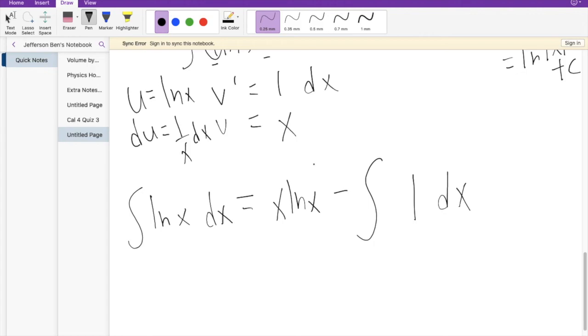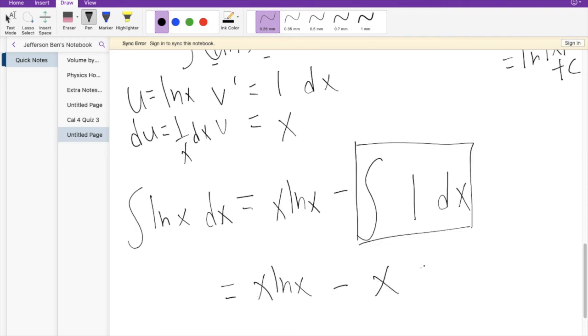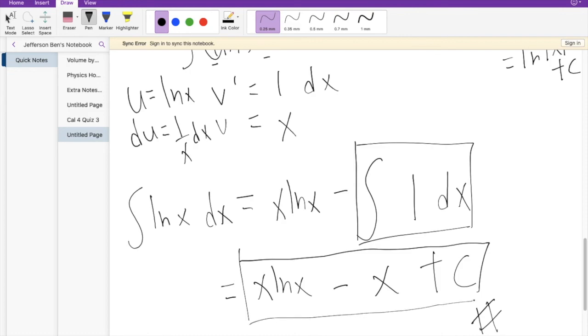This is a very simple integral, so we get x ln x minus x plus c, and this is your final solution for the integral of ln x. And now we have proved the integral of ln x is equal to x ln x minus x plus c.